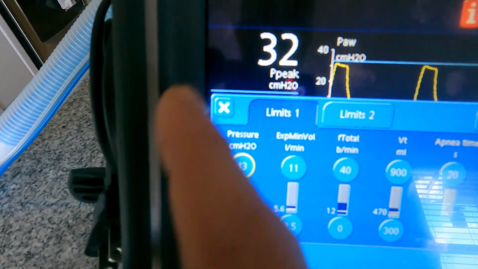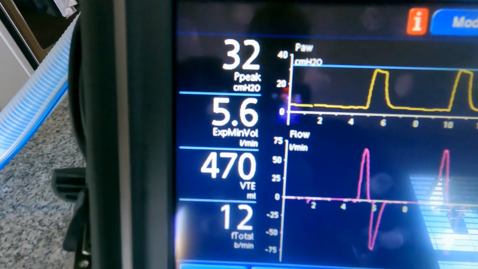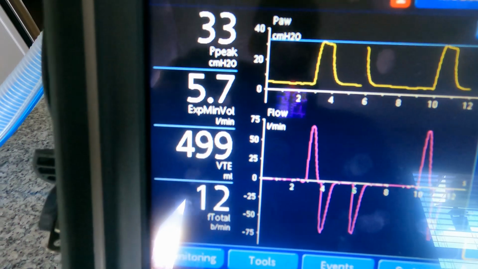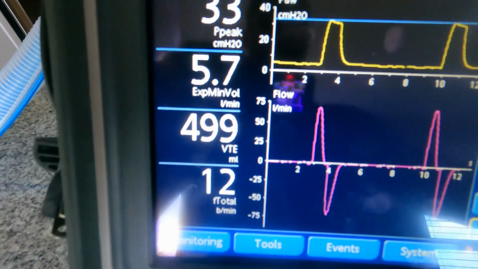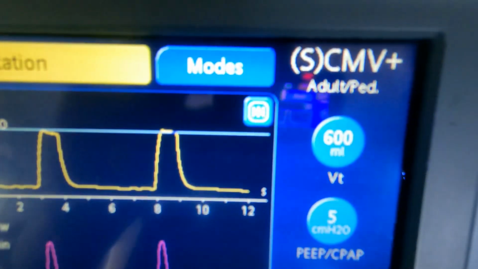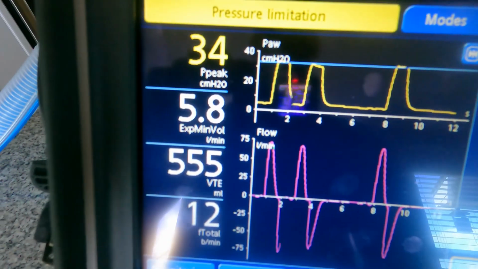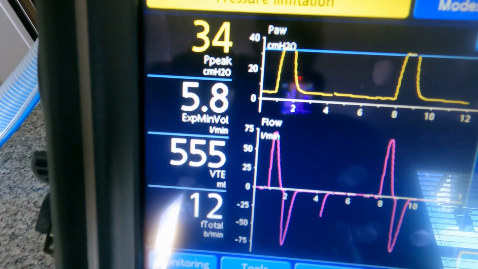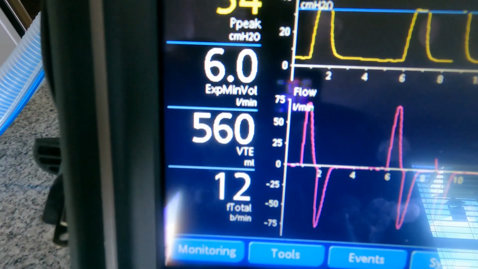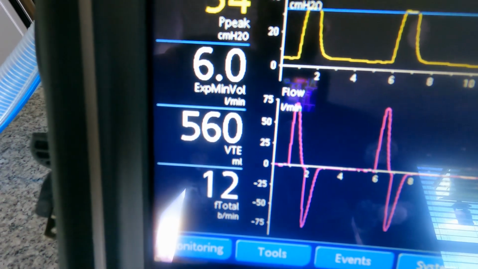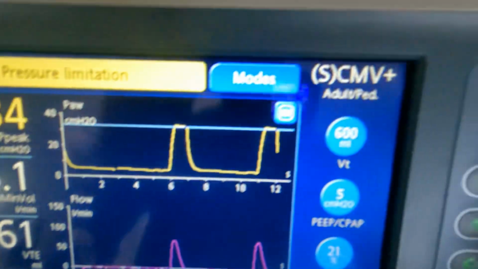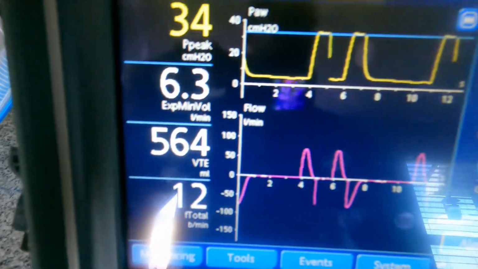Now that I've increased my pressure limit, I'll allow the ventilator to adjust, deliver some more breaths, and then reassess my exhaled tidal volume to see if we're closer to the 600. If I wanted to continue going up with our pressure limitation to get closer and closer to that 600, I would need to keep running a P-plat to make sure that it is staying less than 30. So at 561, I'm pretty happy that that's pretty close to 600, so I'm going to go ahead and leave that.